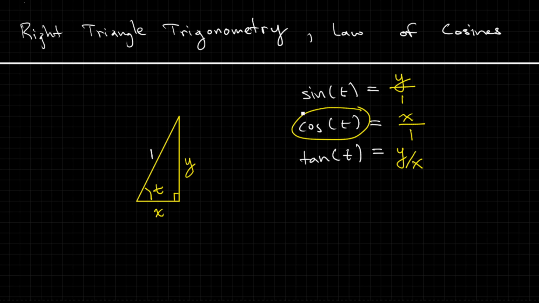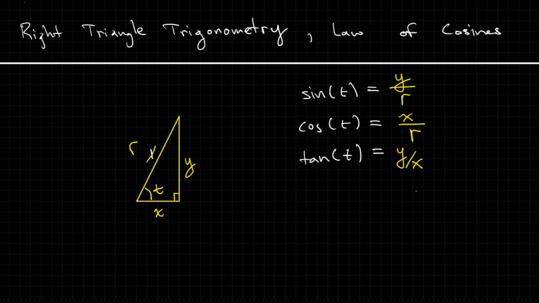However, a pretty severe restriction is that this hypotenuse is 1. We'd like to be able to define the trigonometric functions when the hypotenuse could be any length. So let's go ahead and replace this 1 with an r, and we'll replace in the definitions of the trigonometric functions the 1 in the denominator by an r as well.